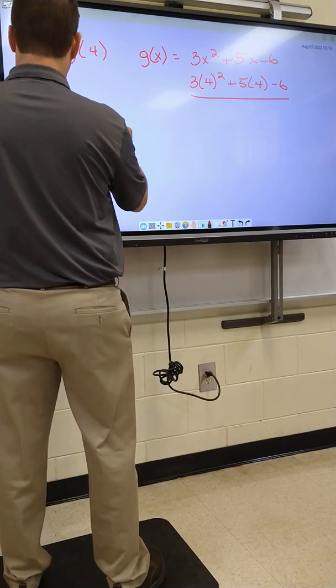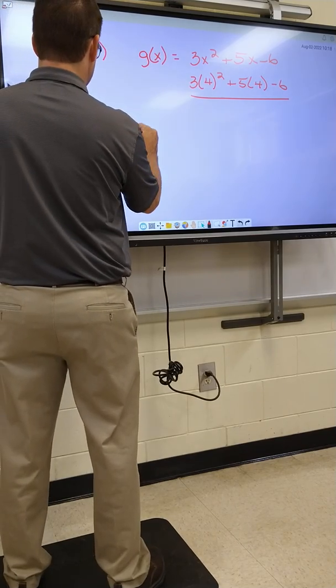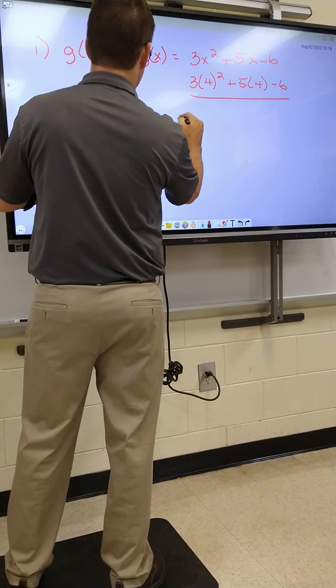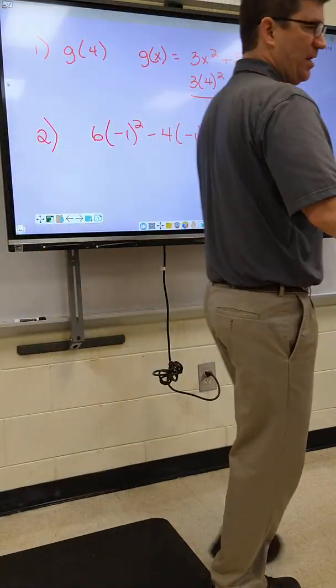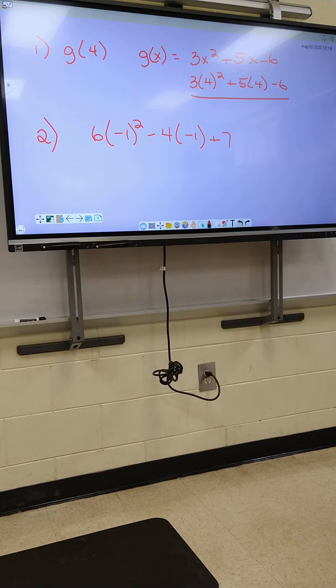So number 2, we're going to plug in -1. That would be 6 times -1 squared. Now, if you don't put the -1 inside parentheses, you're going to mess up. Show me number 2 on the calculator.